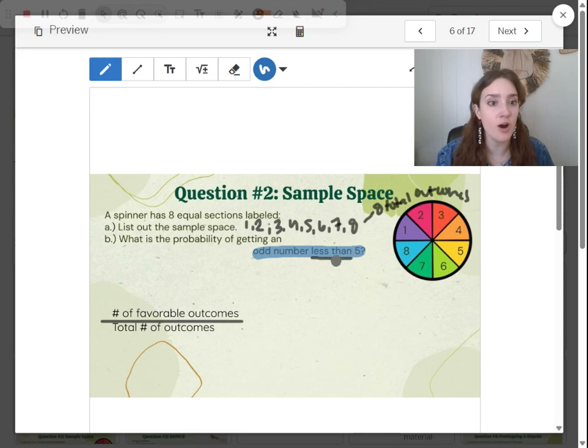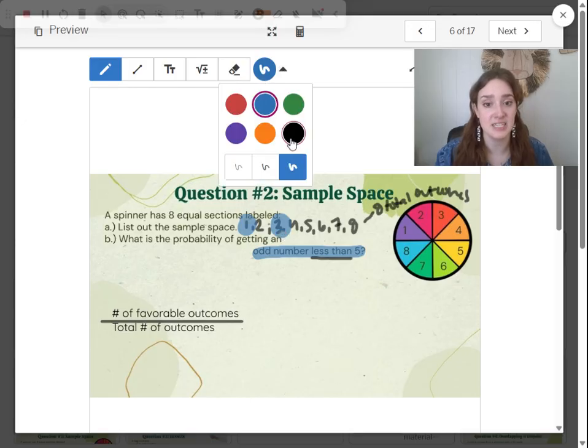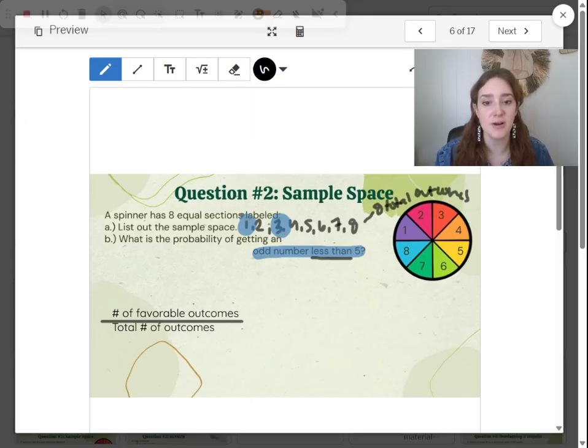Less than, not including, not less than or equal to. So an odd number, 1, 3, 5, and 7 are all the odd numbers here. But an odd number less than 5 is just going to be 3 and 1. They are odd and they are less than 5. So favorable outcomes, there are only 2 numbers, and our total options were 8.